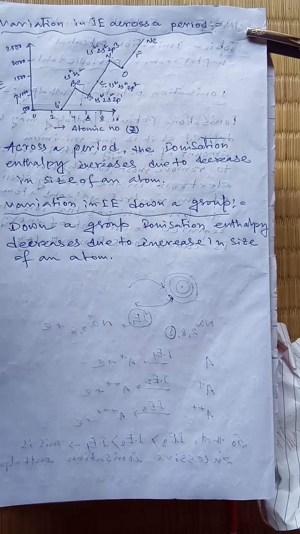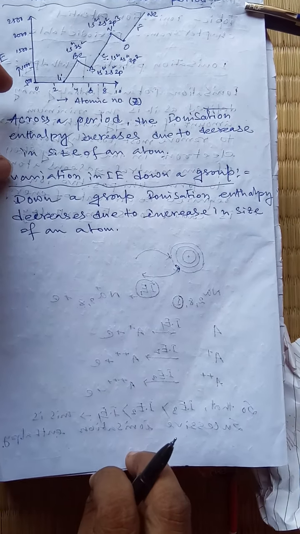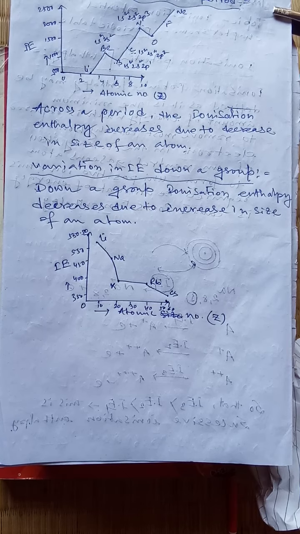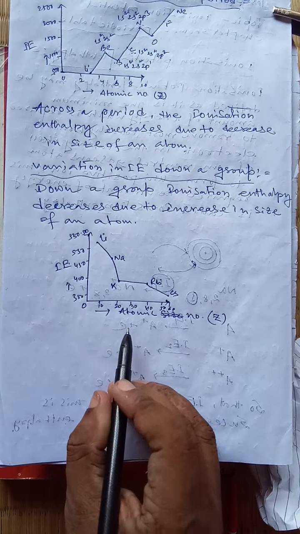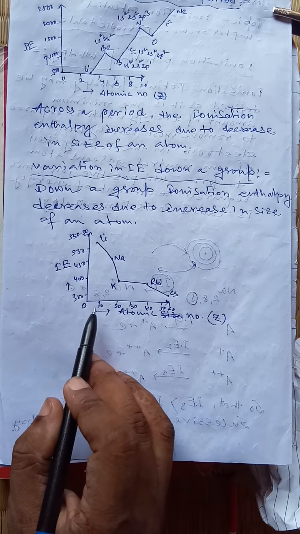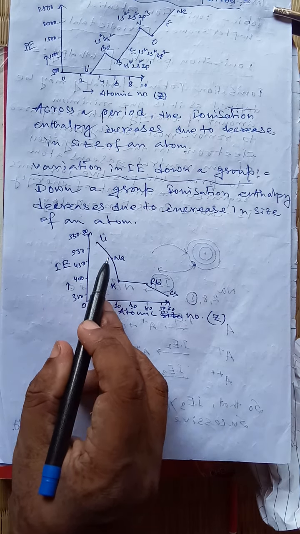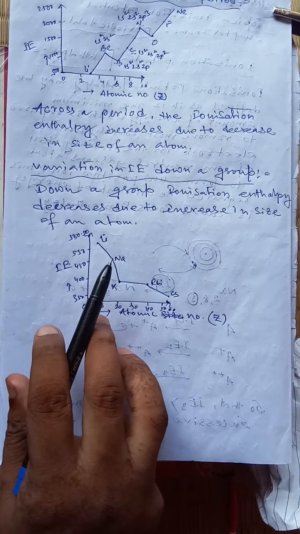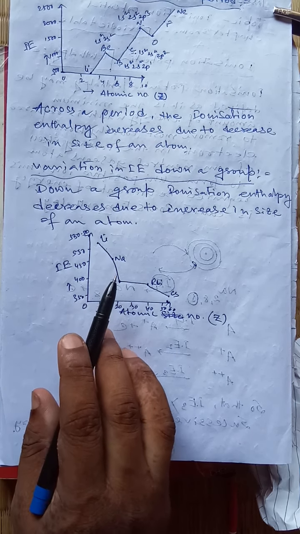So if we graphically represent it, now this is the graphical representation. Here ionization enthalpy versus atomic number, and this is lithium, sodium, potassium, rubidium and cesium down a group. We know that down a group ionization enthalpy decreases.